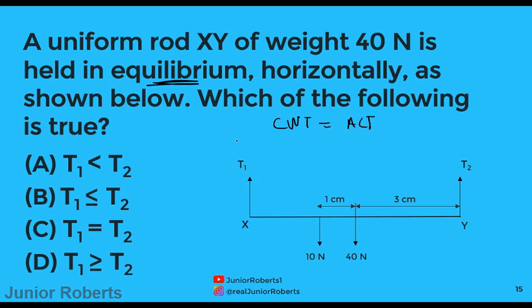In this case, our two moments are T1 and T2. T1 will be our clockwise moment and T2 will be our anti-clockwise moment. Since the system is in equilibrium, our two moments, one clockwise and one anti-clockwise, will be equal. So our answer is C.